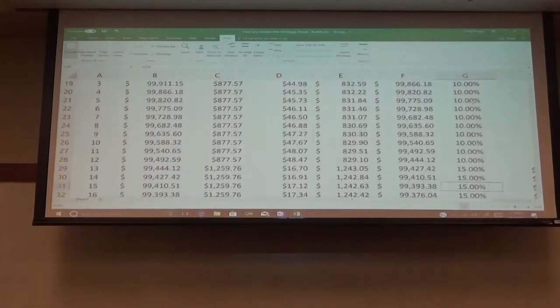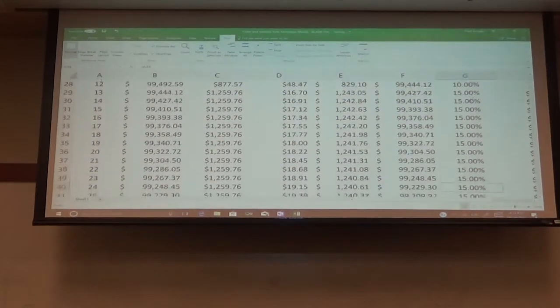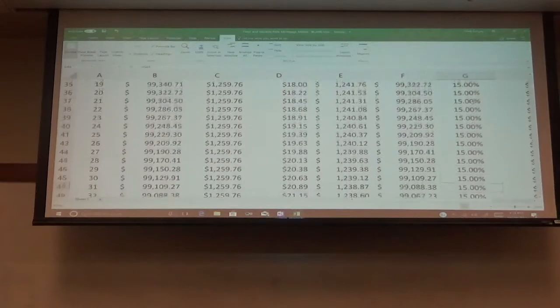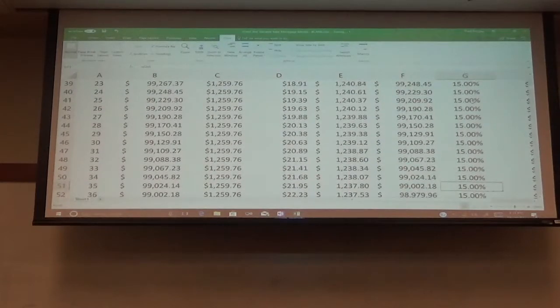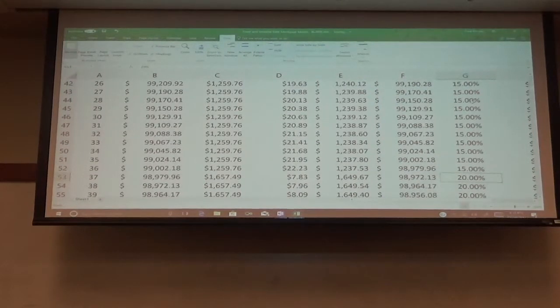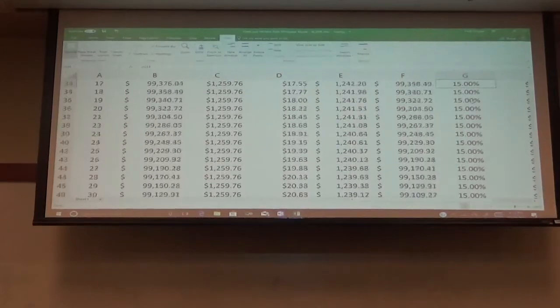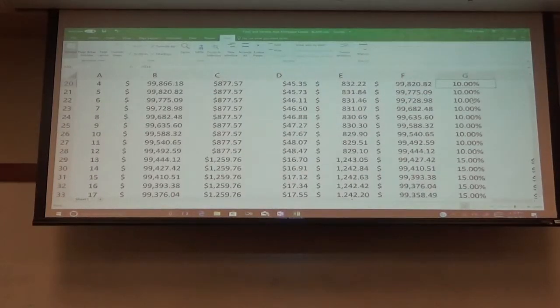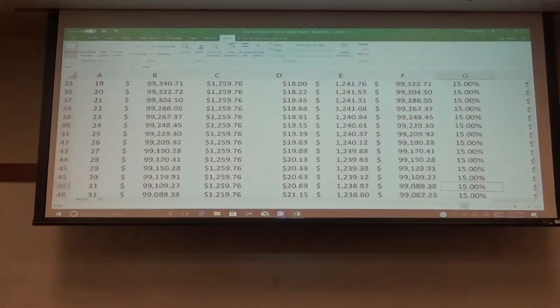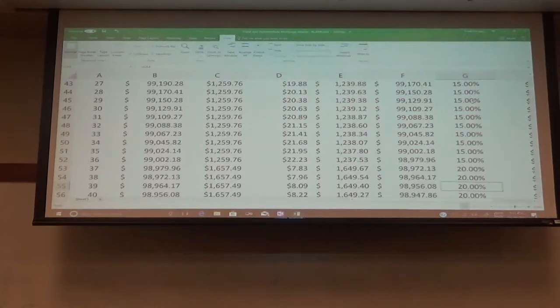And then for year 3 and beyond, so after year 3, so beginning of year 4, we'll go to 20%. Forever. So 10% for year 1, 15% for years 2 and 3, and then 20% from that point forward.